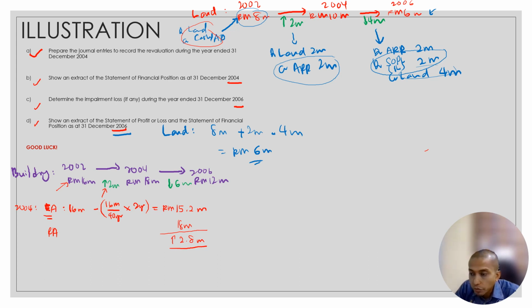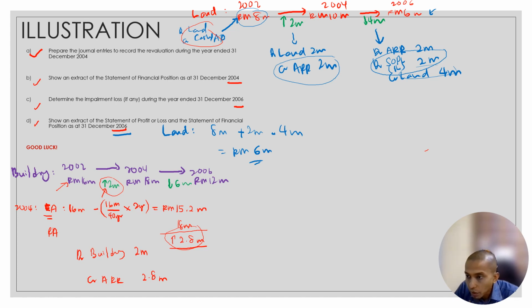Under revaluation, we are going to record as debit. First thing first, debit building. Building increased by how much? 2 million. So debit increased 2 million. So you see, this one is the increase. This one is the ARR. So we credit ARR by 2.8 million. Why is it not tally?